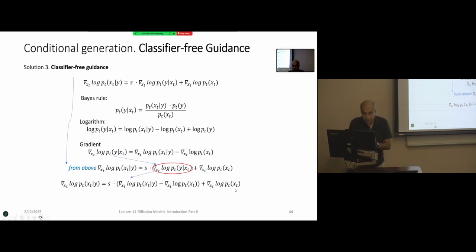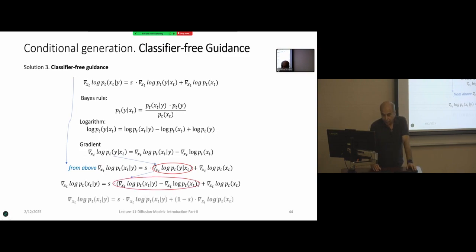Now as you see, we have this gradient of log pt xt, gradient of log pt xt, these two terms are the same. Of course, this is multiplied by s, and this is just 1, so we can group them. Then we will have s gradient log pt xt given y, which is this term, and this term will become minus s, so it will become 1 minus s gradient of log pt xt.